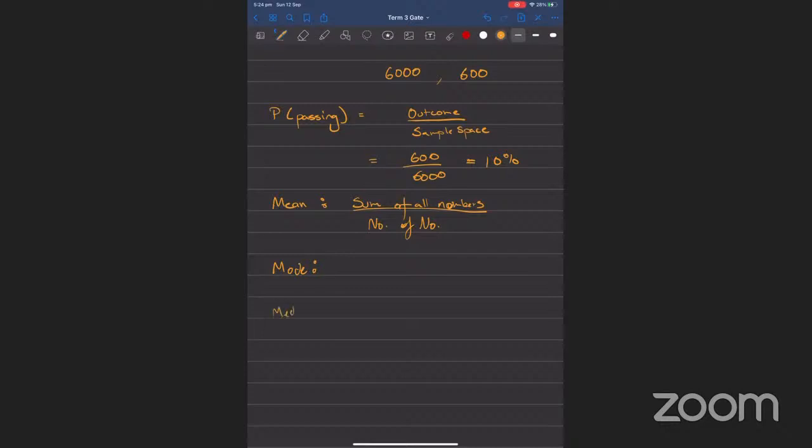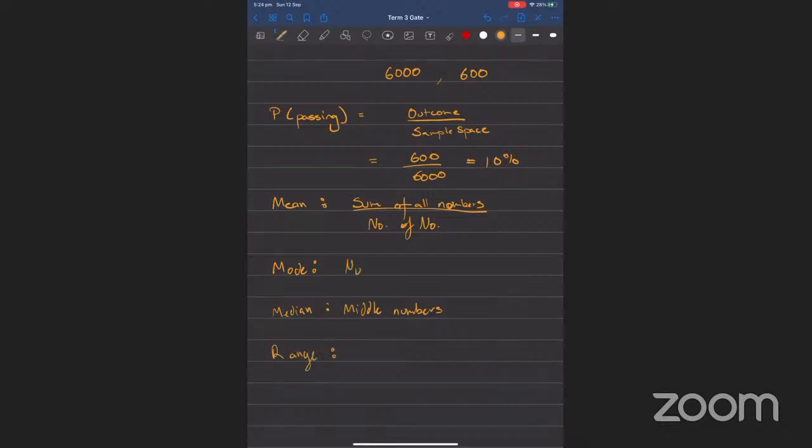So the median is the middle number. You add and divide, the mean. The mode is the one that you see the most. The range is the difference between.